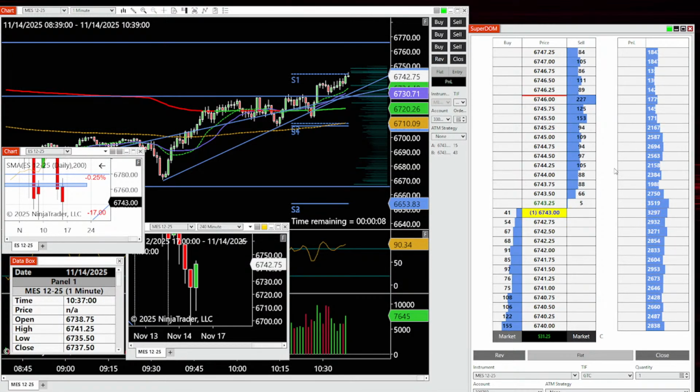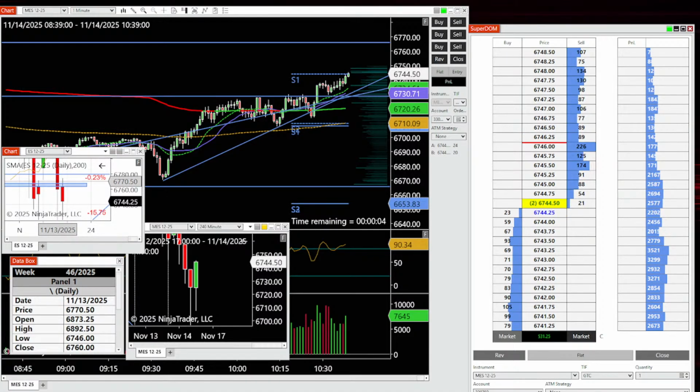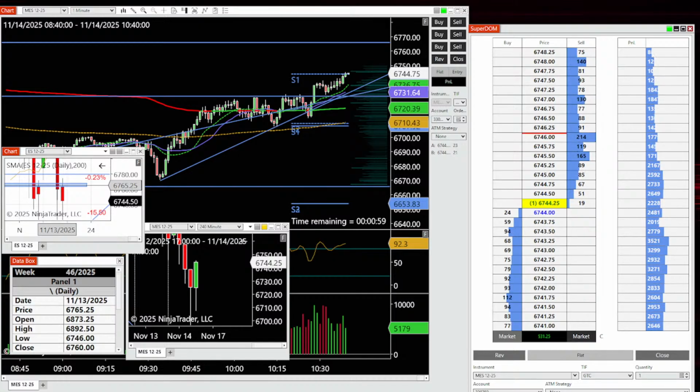Could take the short at 46, the previous day's low. But if it gets past that low, it could easily just run to 50 because it's so close, 4 points.